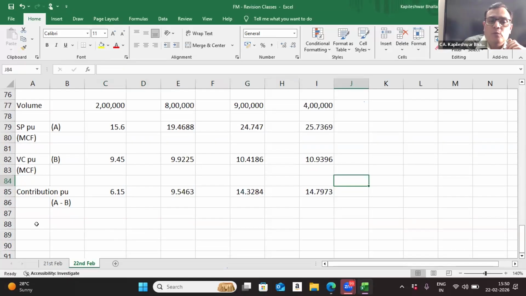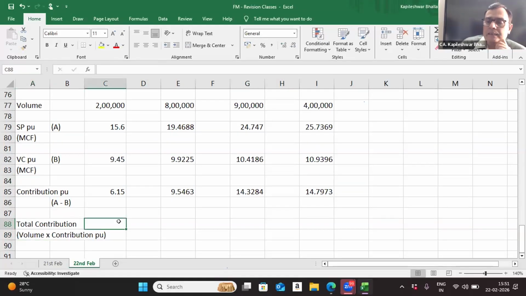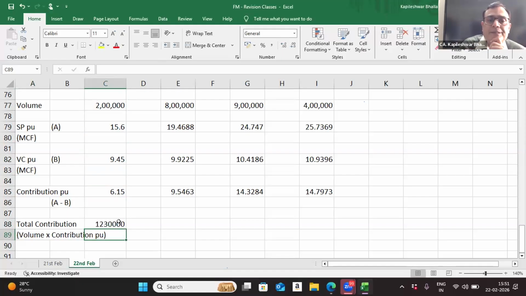And then we get the total contribution. As far as the total contribution is concerned, you need to multiply the volume into the contribution per unit. So let me directly calculate this. This is going to be this volume, multiplied with this figure, that is contribution per unit.